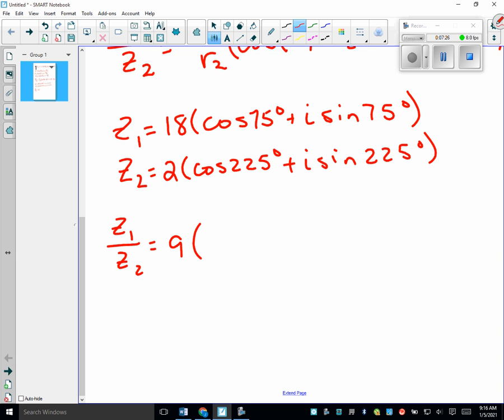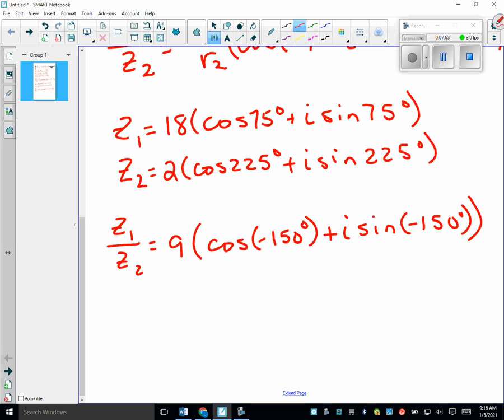Cosine, hang on, negative 150 degrees plus i sine of negative 150 degrees, right? Everybody with me to there?